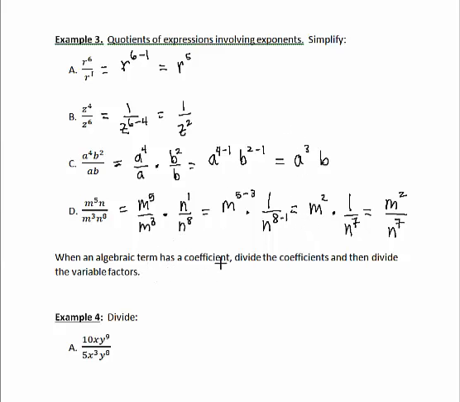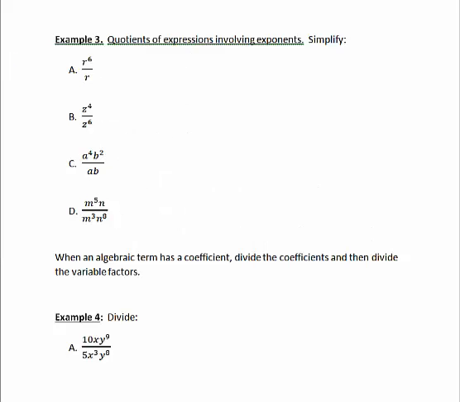When an algebraic term has a coefficient, you just divide the coefficients. Much like when the terms had coefficients and we were multiplying, we just multiplied the coefficients.